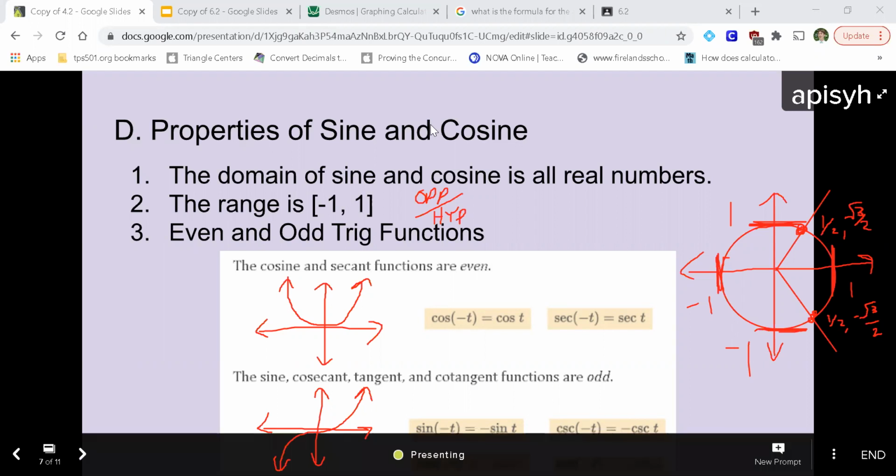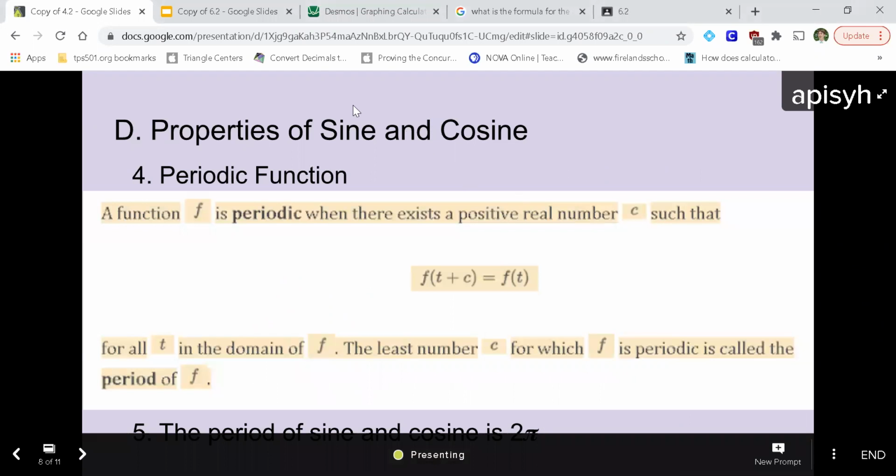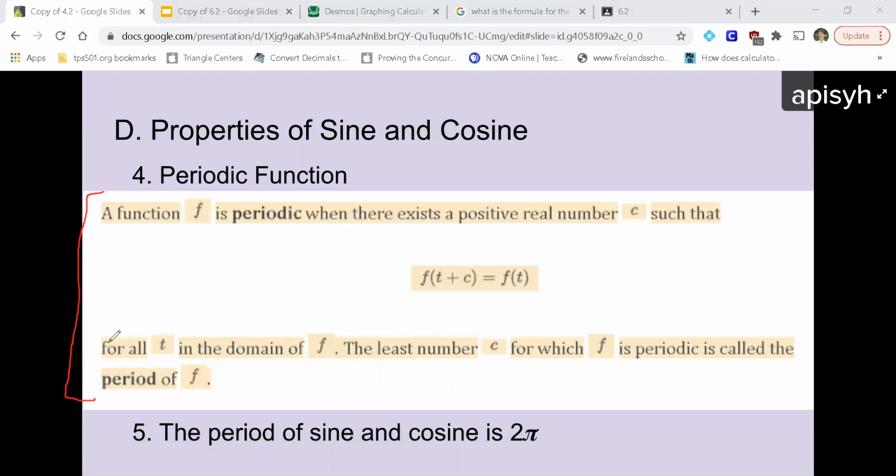Okay, nobody stopped me, so I'm going to clear this. All right, last property has to do with periodic functions. This definition isn't super critical for you to have down. I mean, I guess it would be nice. This is really important, though.